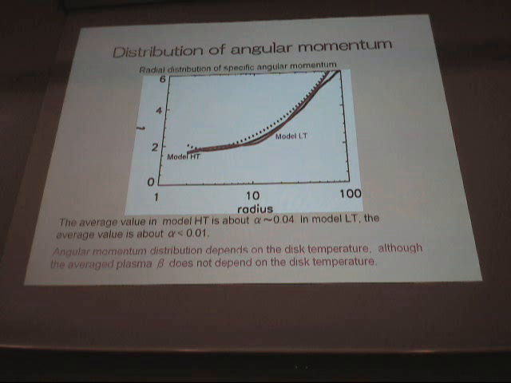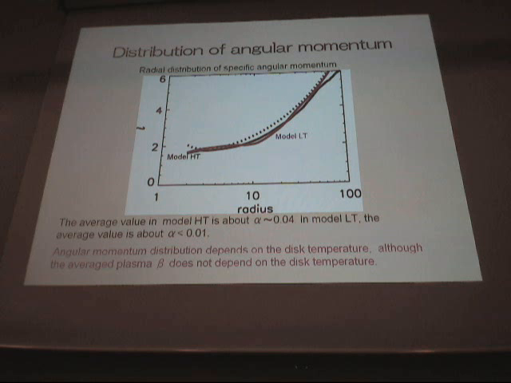Finally, I show the distribution of Fourier power produced by the mass accretion rate. This is model HT and model LT. The horizontal axis shows the radius and the vertical axis shows the frequency, and we assume a 10 solar mass black hole.